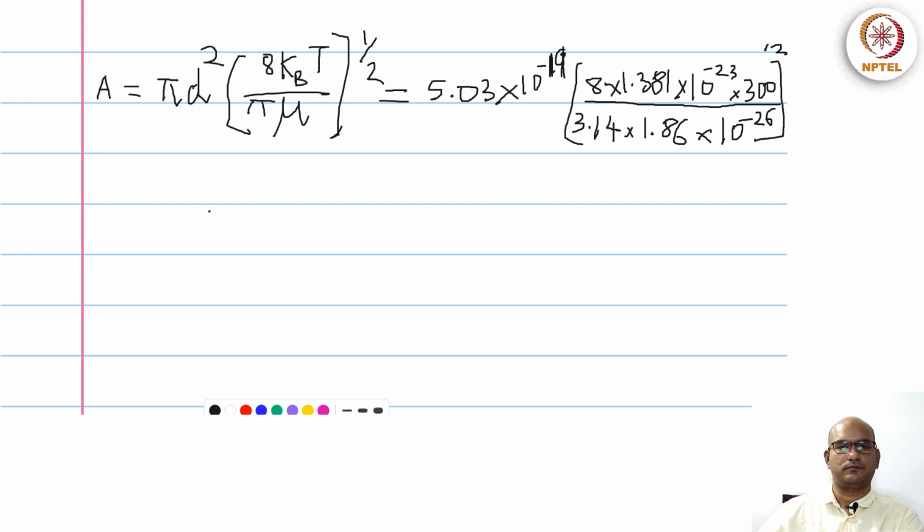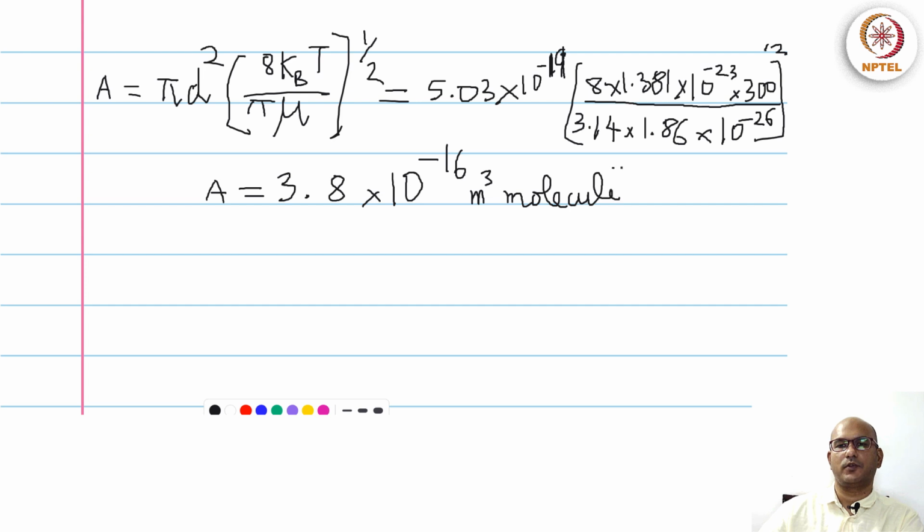So A then comes out to be 3.8 into 10 to the power minus 16 meter cube molecule to the power minus 1 second to the power minus 1.